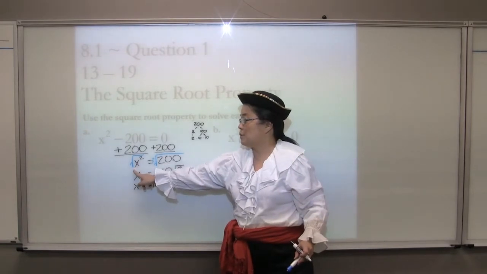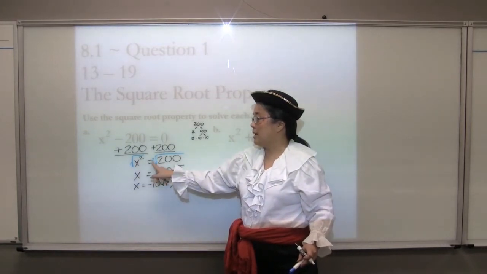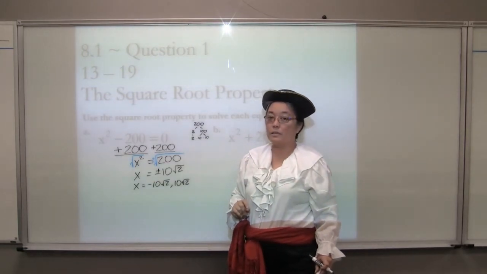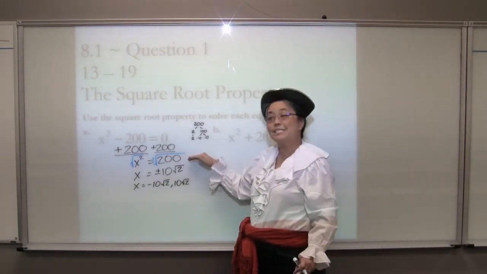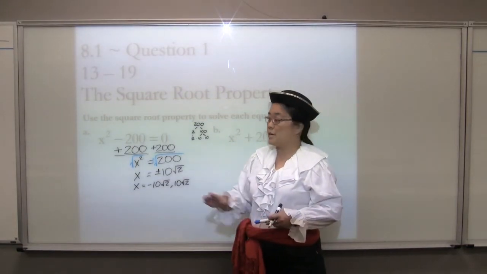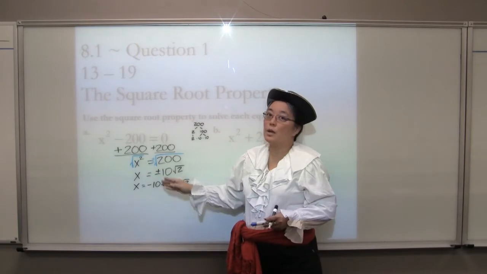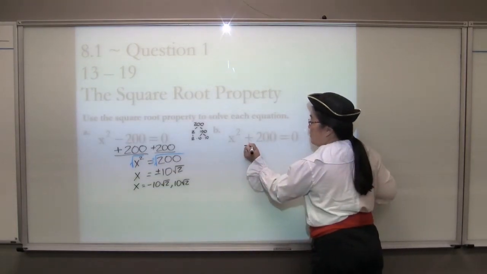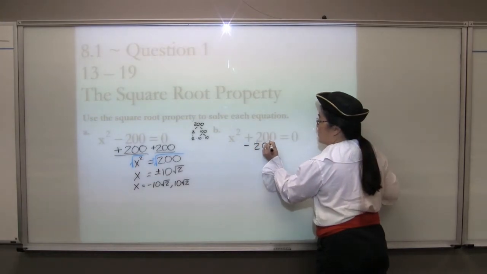If you do not have a square root on the left, a square root on the right, and that plus or minus, I am taking off at least a half point from your problem, because this shows that you understand what the square root property is: you square root both sides, and on the non-variable side, you put the plus or minus.